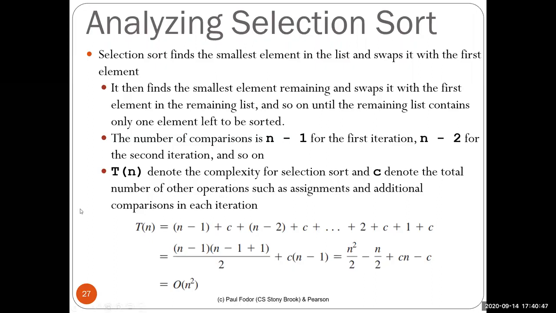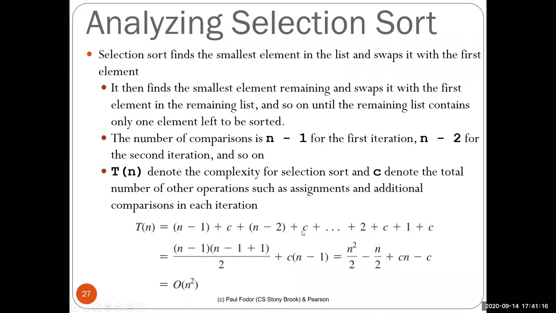So if we compute T(n), the time to execute for an array of size n, it will be n-1 steps for the first element, plus a constant to do the swap, plus n-2 for the second element, plus a constant, and so on. And that is again the same arithmetical sequence that we saw before.